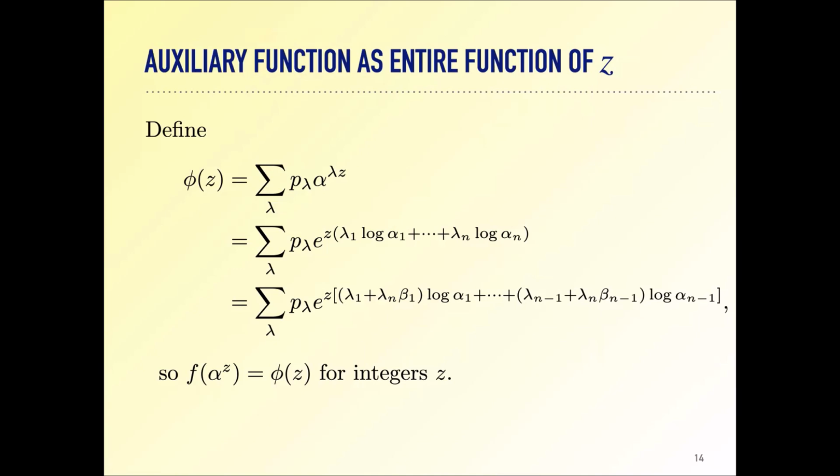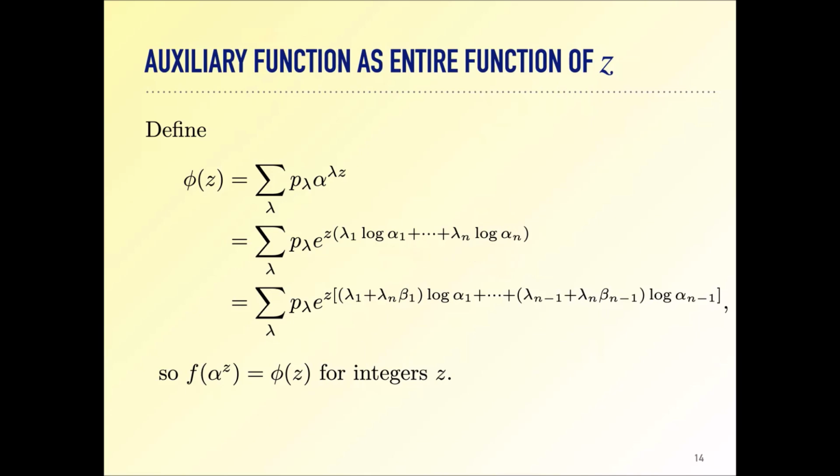Then you use the fact that log alpha n can be written as a linear combination with algebraic coefficients beta of the previous log alpha i's. This is where we're using the fact that we have our algebraic dependence. So that's what we've done in this next line.